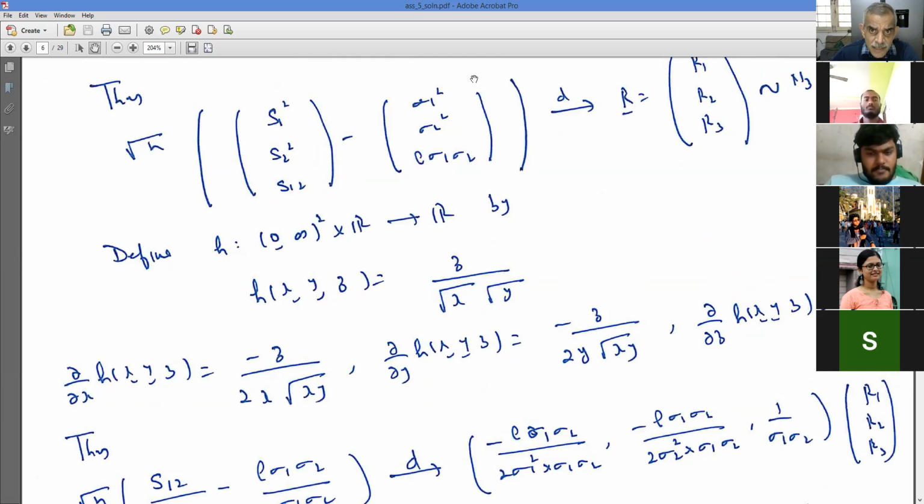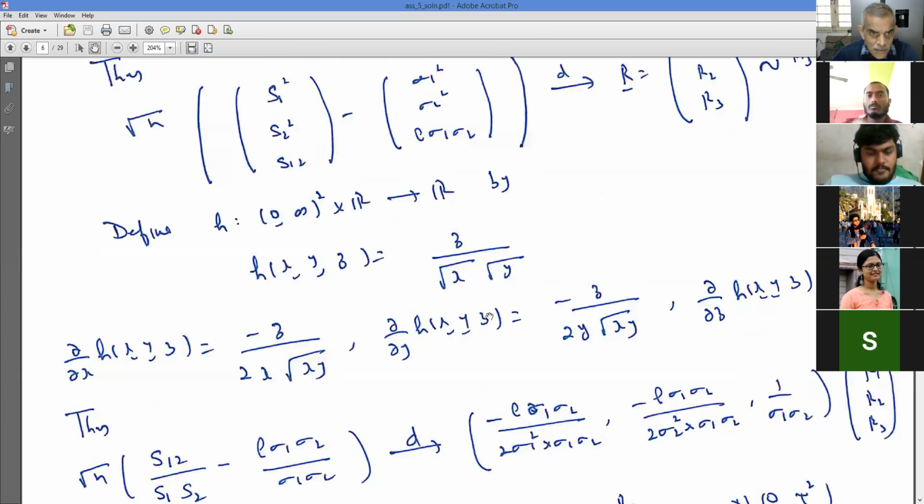z is rho sigma 1 sigma 2 and the square root of xy is sigma 1 sigma 2. So the first derivative is minus rho sigma 1 sigma 2 over twice sigma 1 square times sigma 1 sigma 2. The second derivative is minus rho sigma 1 sigma 2 over 2 times sigma 2 square times sigma 1 sigma 2.